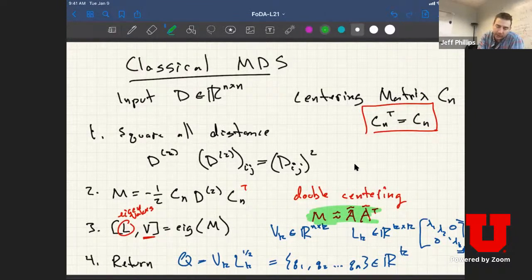This is the magic form that's going on here. And I want to highlight that we have the minus 1/2 and the D2.